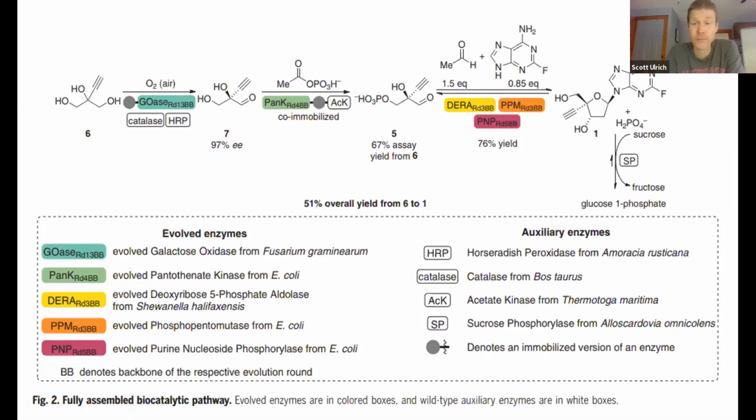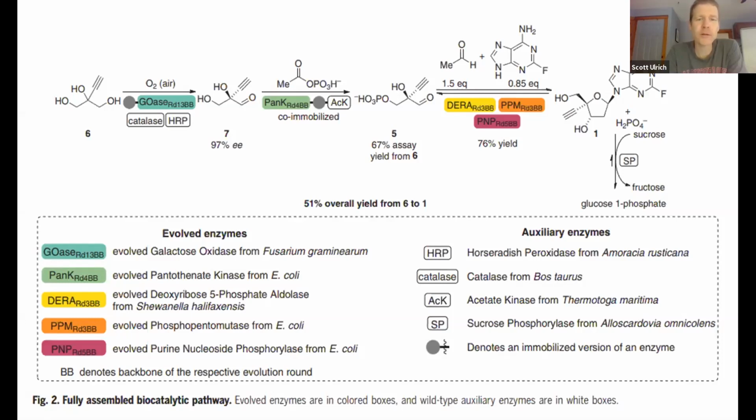There are a bunch of them: the catalase, the horseradish peroxidase, the pan-K, which they gave a color to. Do you see what I'm saying up there? For making 5 from 7. That's actually not one of the ones in their scheme up top, it's a different one. And then also at the end, the sucrose phosphorylase.